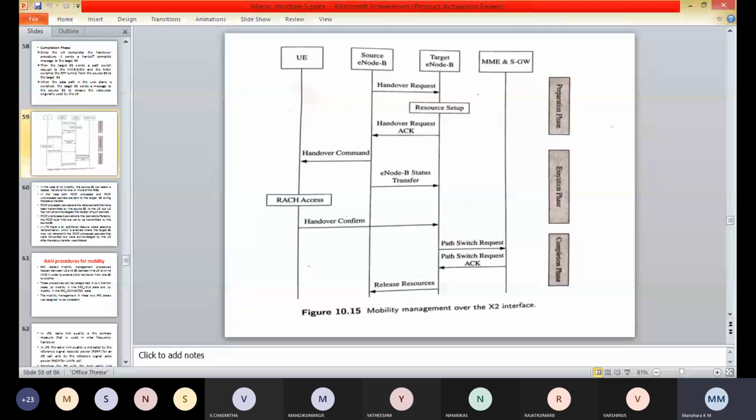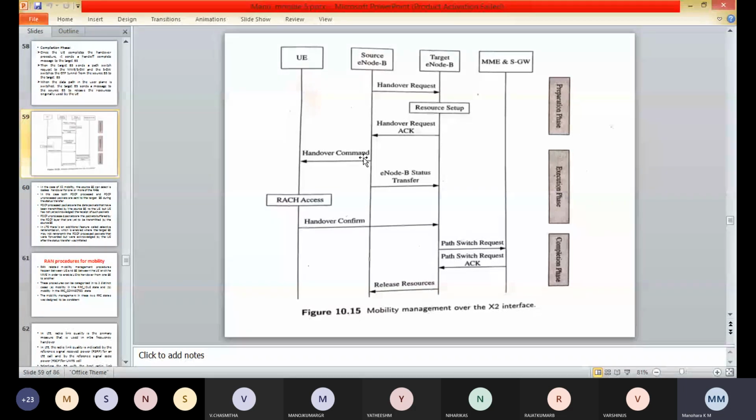Here the target E node B will respond to the source E node B with the handover request ACK, that is the handover request acknowledgement, once it is ready. In the execution phase, upon receiving the handover request ACK, the source E node B sends the handover command to the user equipment.